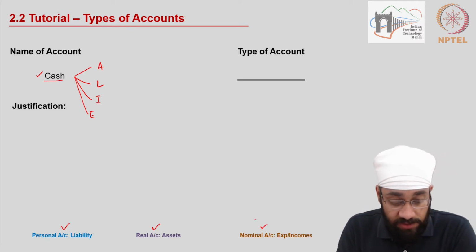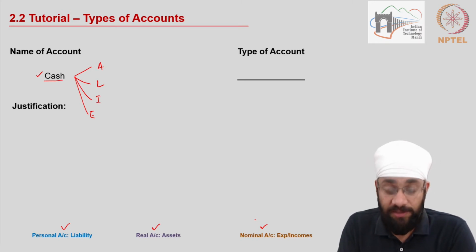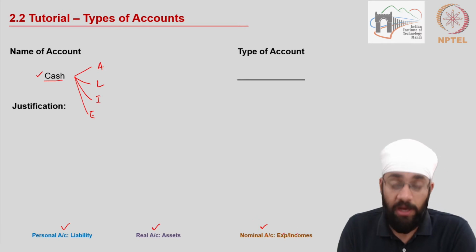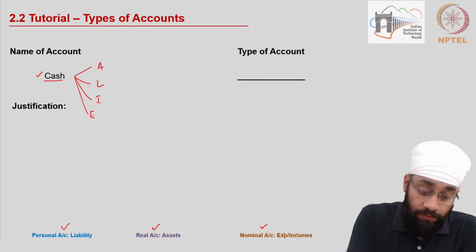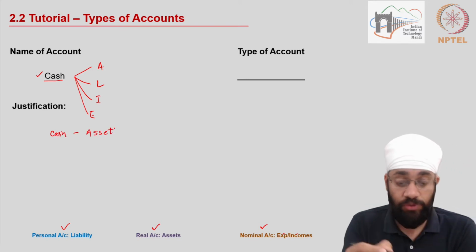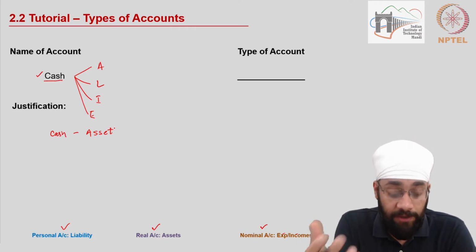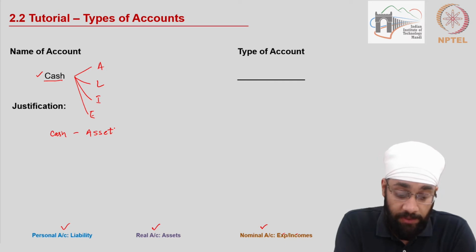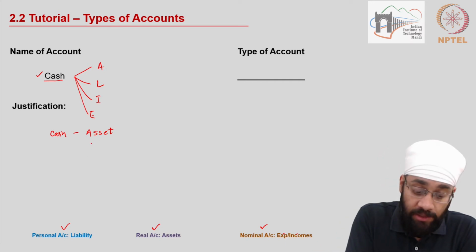You have personal accounts for all the liabilities, all the assets are real accounts, and all expenses and incomes are nominal accounts. Now we very well know that cash is an asset. Cash refers to the stock of cash you have in hand, and this can be utilized towards building temporary capacity, and therefore it is also a current asset.